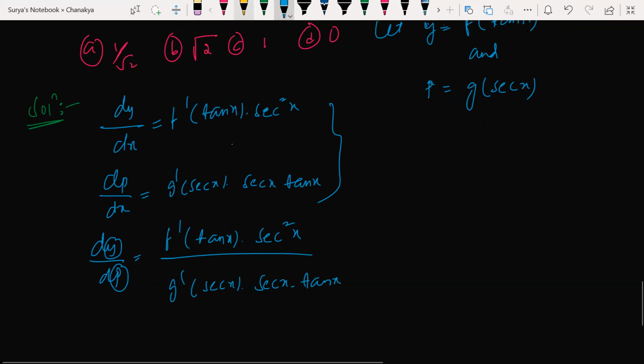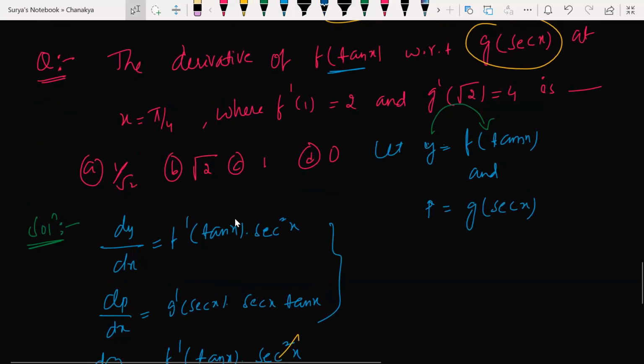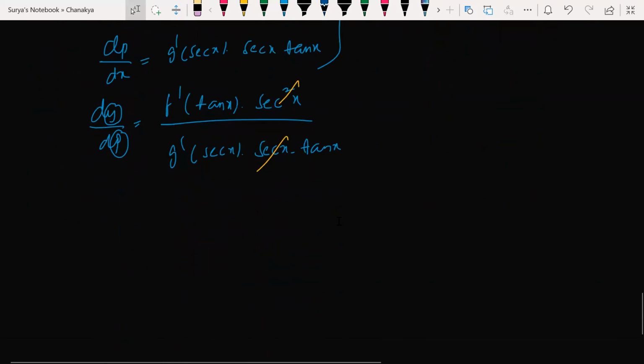Any doubts here? So one secant will be getting cancelled. That's it. And he has given f dash of 1 and g dash of root 2, where x value is pi by 4.